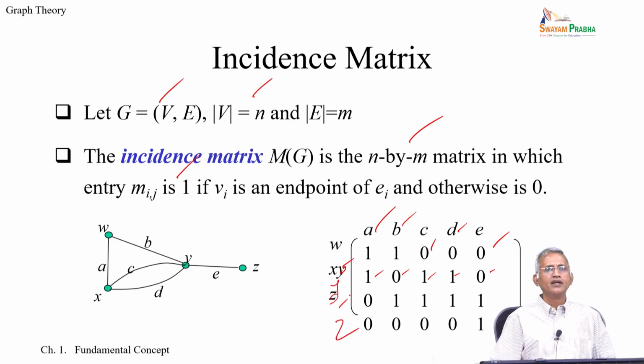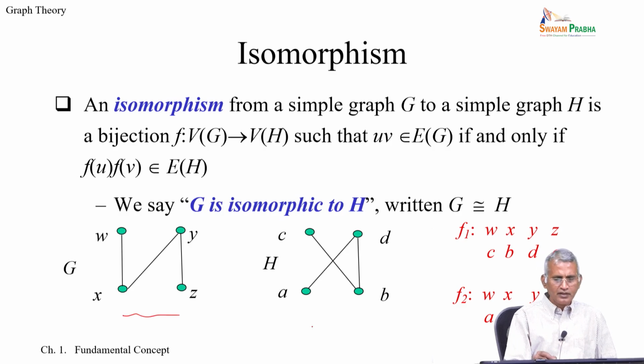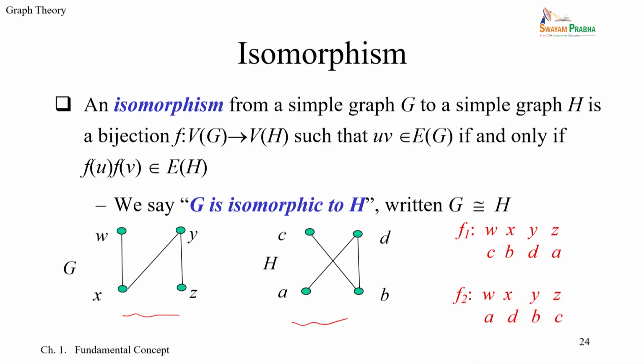So, this is a way we can form an incidence matrix. Next, isomorphism. What does isomorphism mean? You take a graph G and a graph H. Two graphs are isomorphic if the edge set mapping from domain to codomain is bijective.